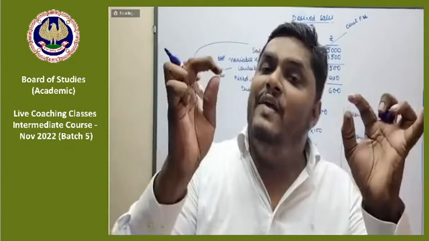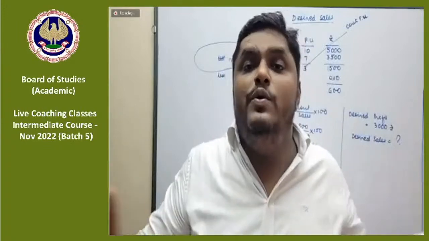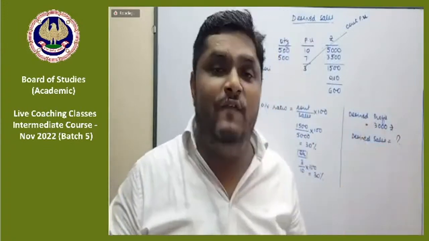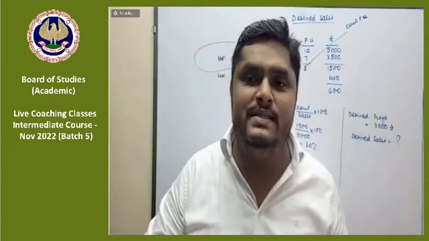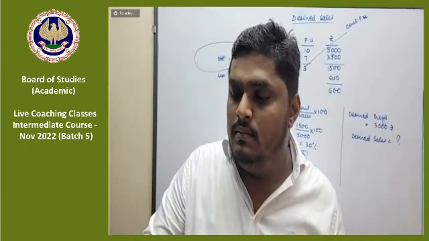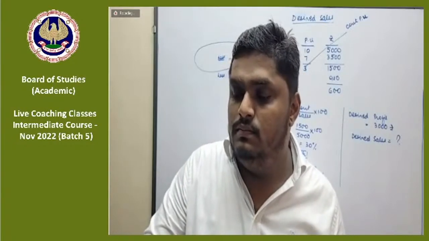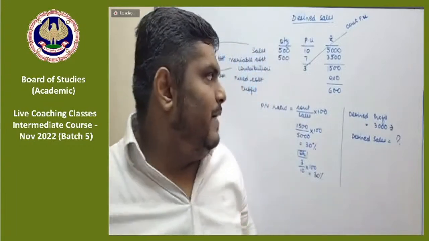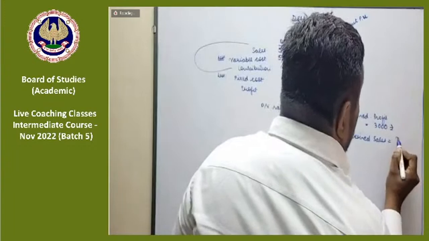Now herein I have to recover my fixed cost as well as I want extra contribution that can help us to get a profit of 3,000. So can you guys tell me how much will be my desired sales?